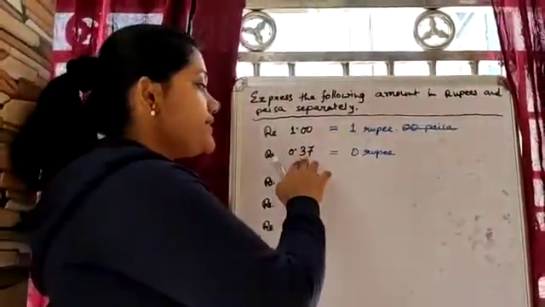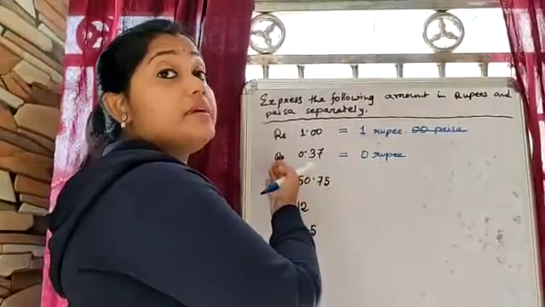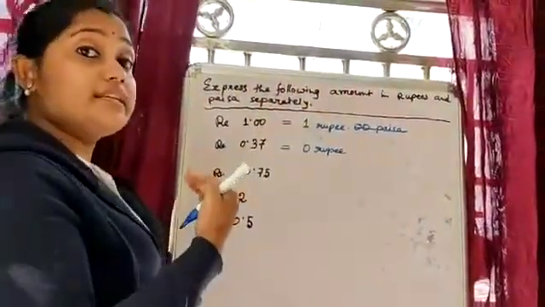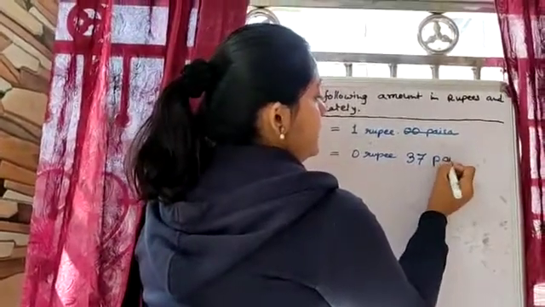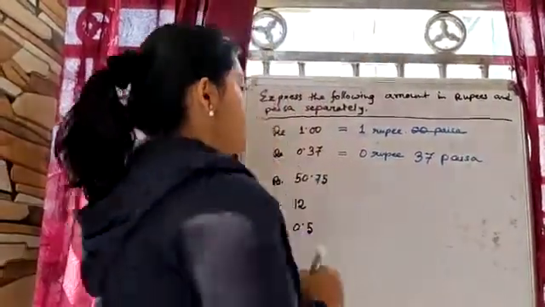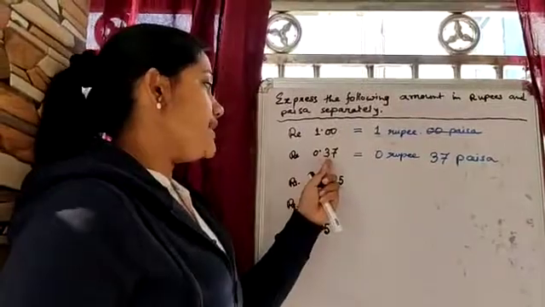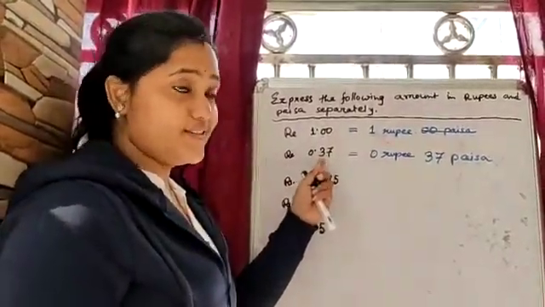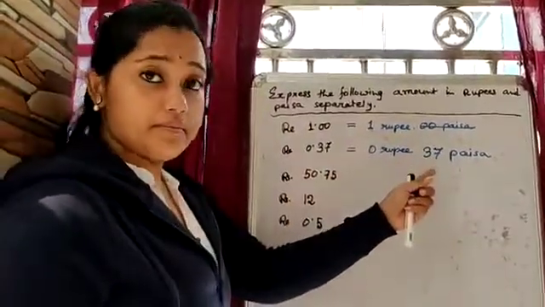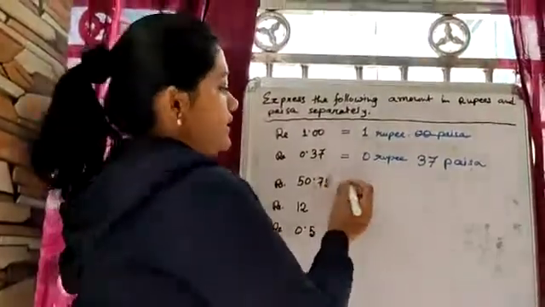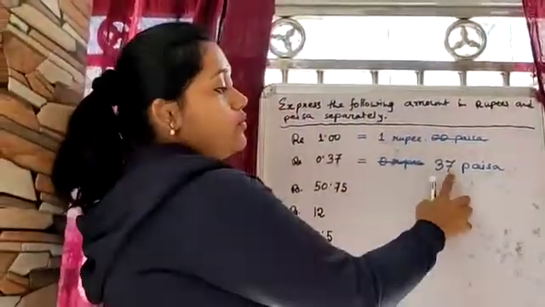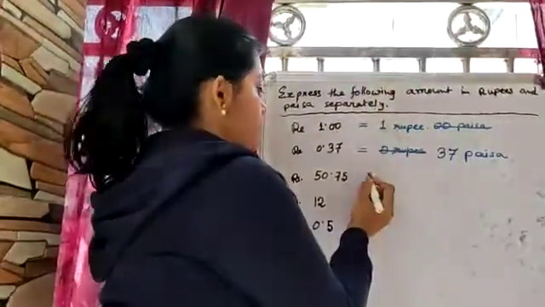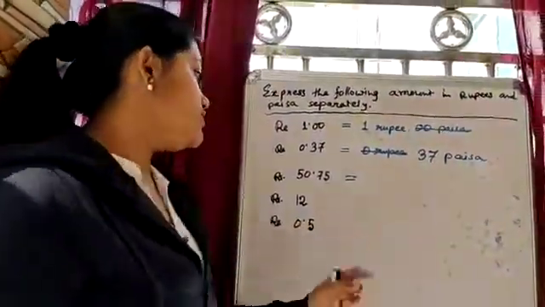But 0.37 rupee means, in the other way, we can think of it as 37 paisa. 0.37 rupees is equal to 37 paisa. And 0 rupee we will not write down. We will write down only 37 paisa.